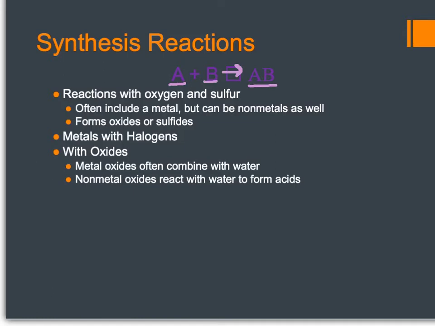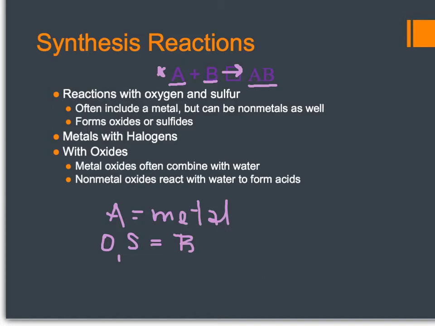Some of the common elements and compounds that would be found in a synthesis reaction, a lot of times you might find a metal, so in this case metal would be A, and oxygen or sulfur could be the B in our little generic equation up there.